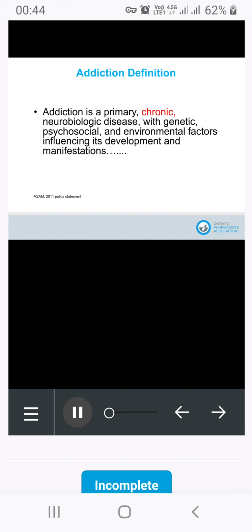Additional definition: addiction is a primary chronic neurobiologic disease with genetic, psychological, and environmental factors influencing its development and manifestation.